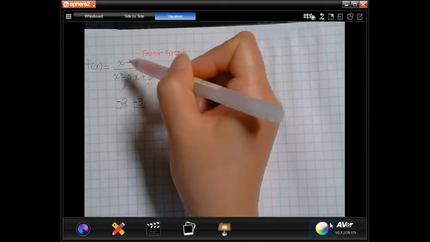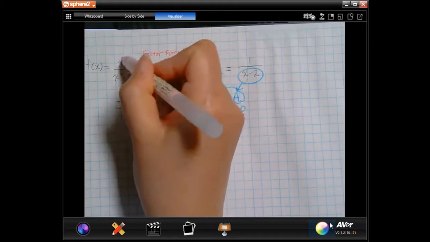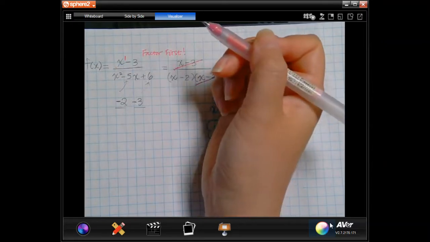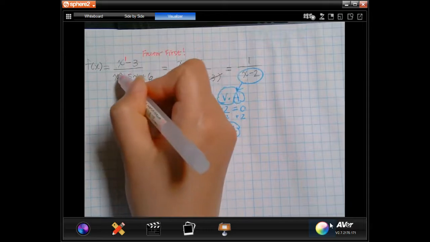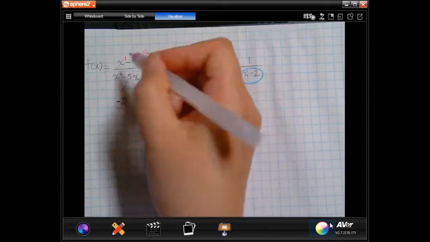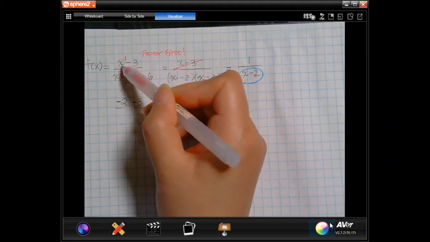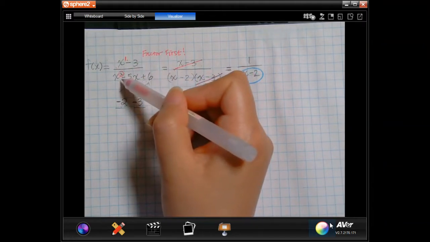The leading term of the top is x. Then this x has a degree of 1. Then the leading term of the bottom is x squared. So the degree on the numerator is 1, and the degree on the denominator is 2.